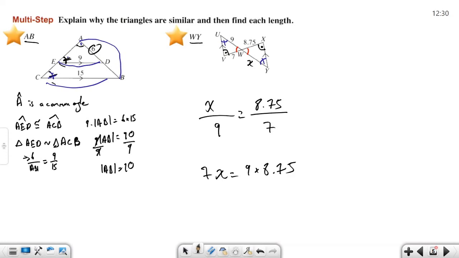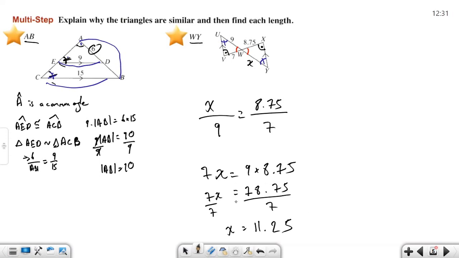Here we need to do some mathematics. 9 times 8.75 is equal to 78.75. So 7x equals that. When you simplify, divide both sides by 7, x equals 11.25.